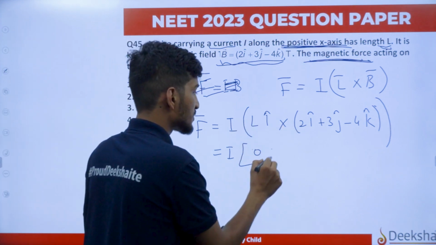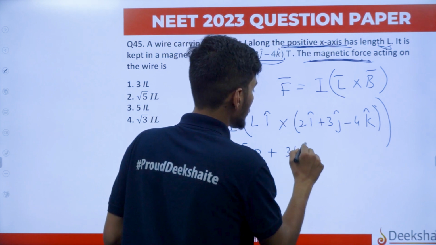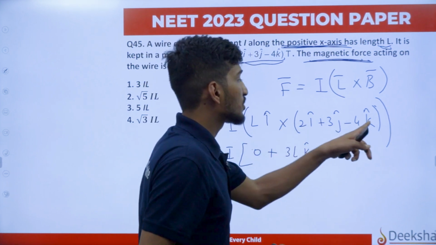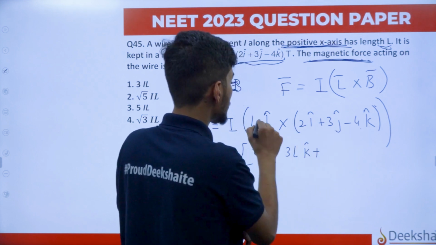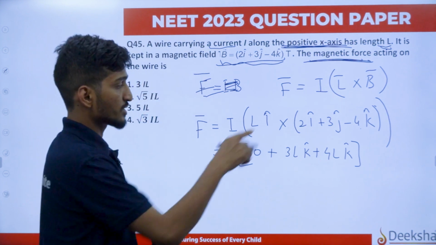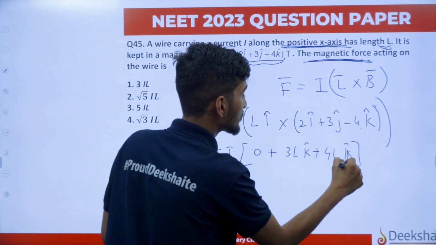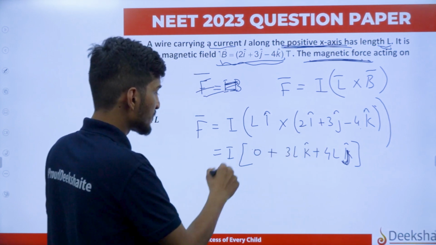So nothing here, plus I cross J is K, 3L k cap. Then I cross K is minus J, with the minus sign that becomes plus 4L, J cap. So 3L k cap, 4L j cap.